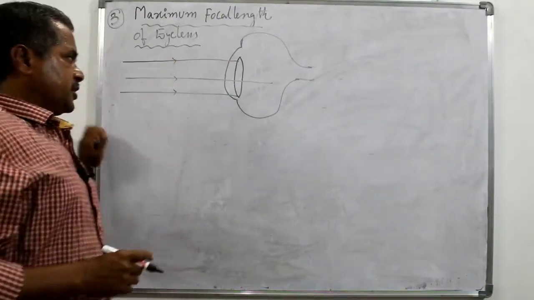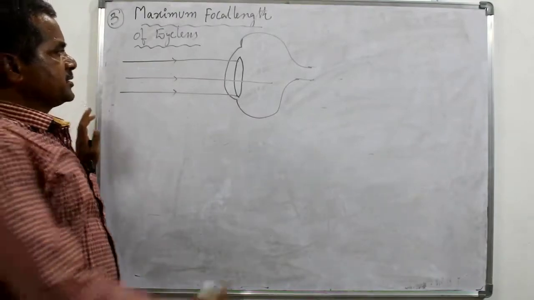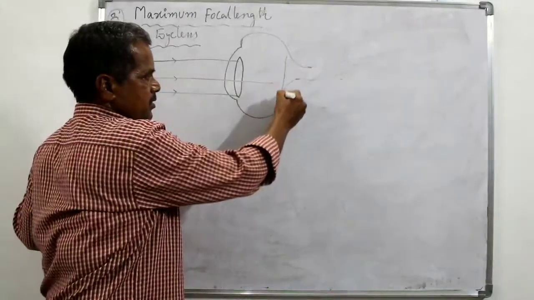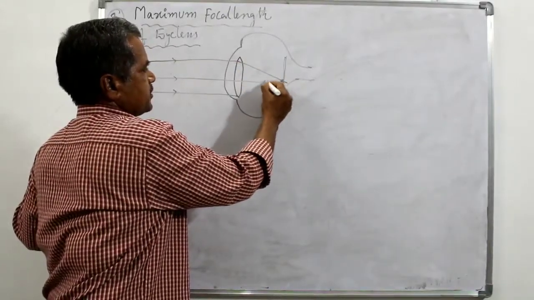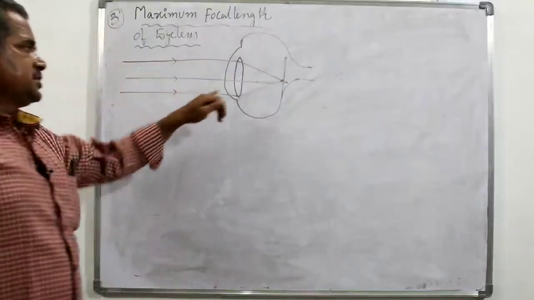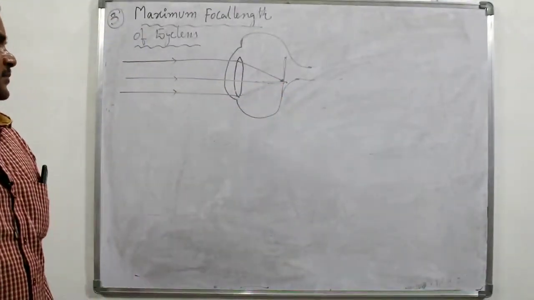We have already known that wherever the objects are placed, in every case the image is formed on the retina. The distance between the eye lens and the retina is 2.5 centimeters.